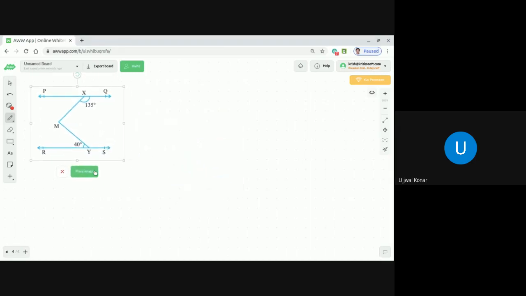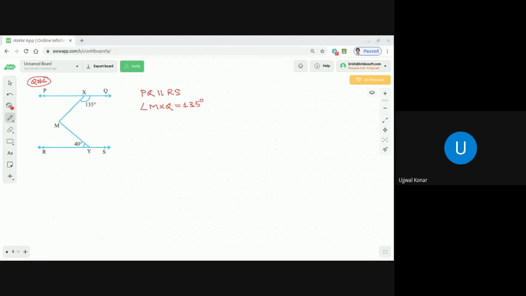So consider this diagram. In this diagram, I can write this as question number 1. As you see, PQ is parallel to RS, and angle MXQ is given as 135 degrees.